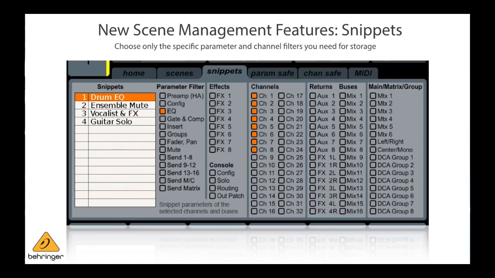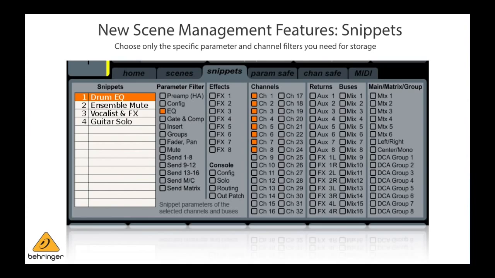So what you can do now is save groups of those, and instead of having to recall an entire scene of a console for one particular section of channels or a layout of your console, now you can just recall these in groups. So it picks this group, such as here, all of the EQ for my channels 1 through 8 for my drum EQ, and then places it on channels 1 through 8 without changing the rest of the console.